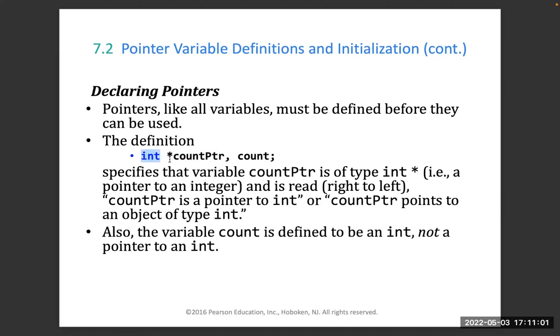Usually we call this an integer pointer. Then count is just a normal integer variable. Usually we say countPtr is a pointer to int, or countPtr points to an object of type int.